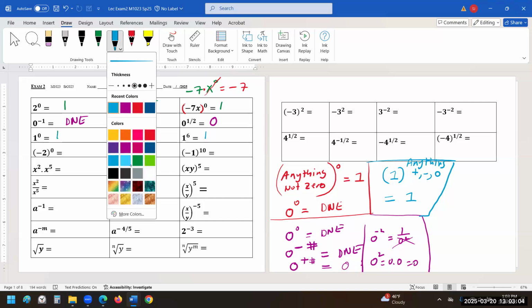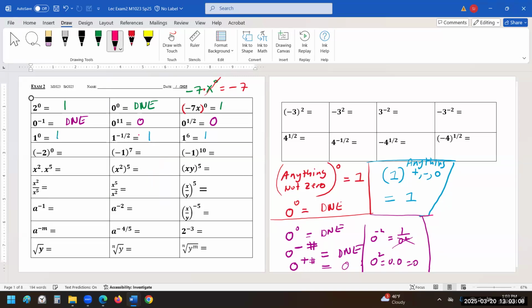Now comes negative 1. Negative 1 has 3 scenarios. I gave you 2 in class and I forgot to give you 1, which I didn't notice before.